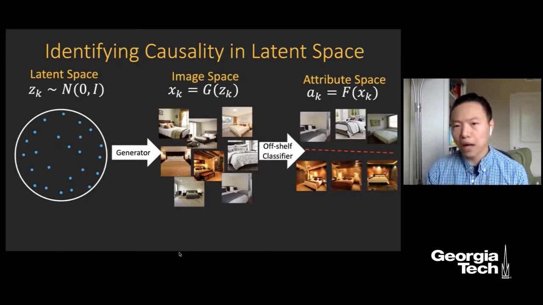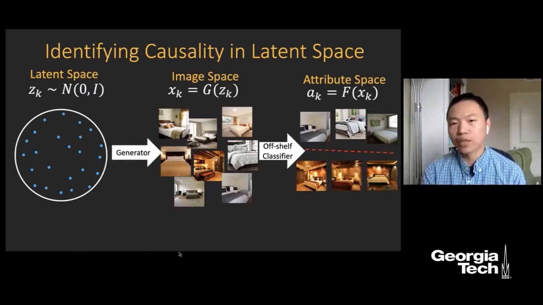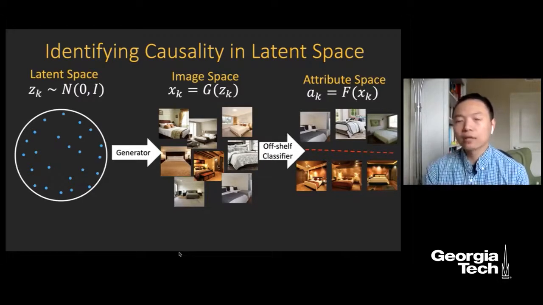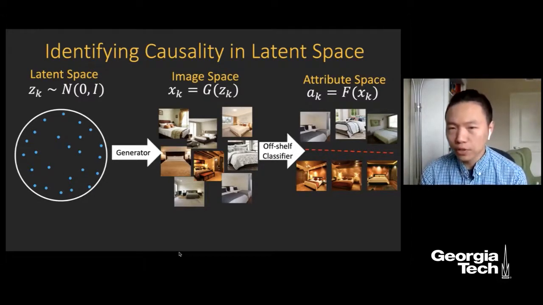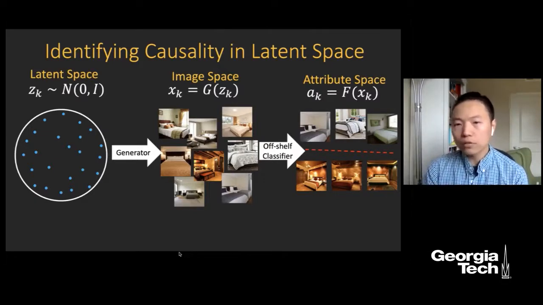Then we apply some off-the-shelf classifiers, such as the Places classifier I built previously, or some other attribute classifier, to predict different attributes for the synthesized images. Here we just adopt an indoor classifier, so we get a label for whether it's indoor or outdoor lighting conditions.